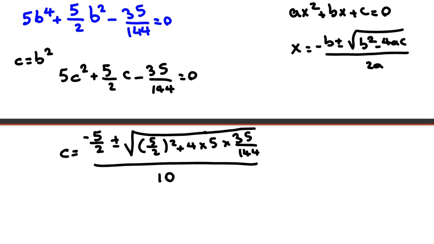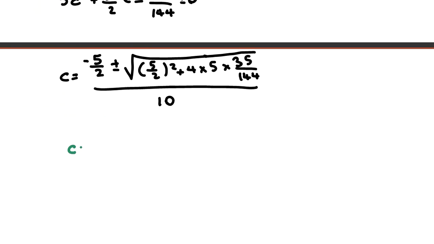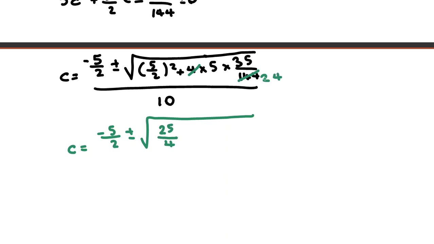We can say c equals negative 5 over 2 plus or minus the square root of 25 over 4. If you divide by 4, it will be 36. So plus 5 times 35, 175 over 36, all over 10.